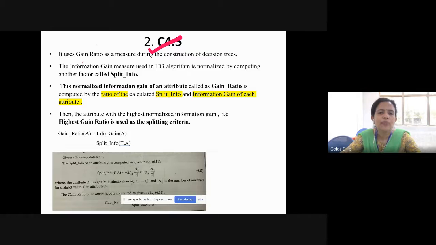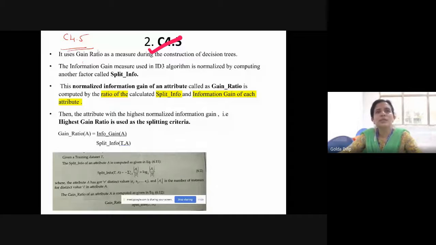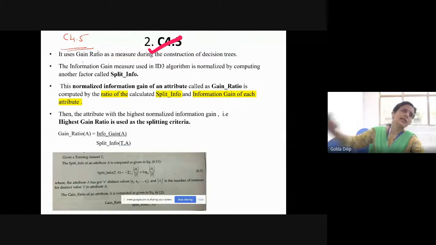Okay, so the C4.5, whatever we are going to discuss right now, is considered an improvement over your ID3 algorithm. This works well with continuous as well as discrete attributes, and it takes care of missing values, and it also supports what is called post pruning, reducing the tree by removing certain branches based on certain conditions.